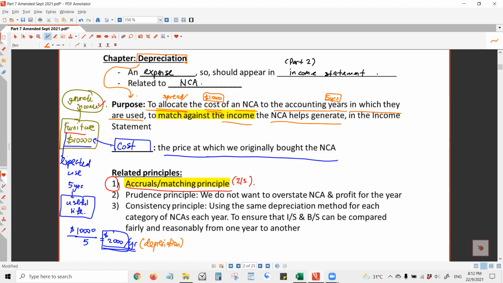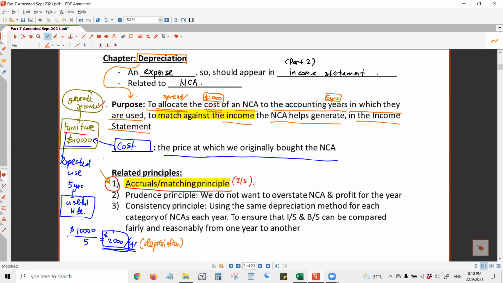Consistent with the matching principle. Matching principle tells us we have to match income against expenses in the income statement. As simple as that. Depreciation is the allocation of the cost of the NCA to all those years in which you use the NCA. Simple. But later you are going to see a few more methods of calculating depreciation. It is not always taking the cost and dividing it by the expected useful life. Later you will see some more formulas.